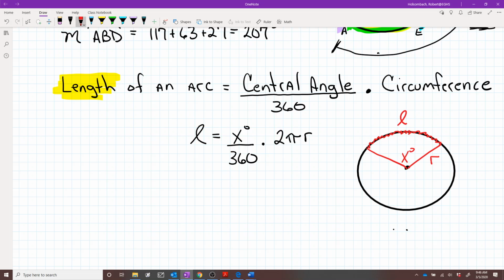Your central angle divided by 360 gives you a portion of the circle. When you multiply that portion times the circumference, it gives you the portion of the total circumference as a length measure, not as a degree measure.